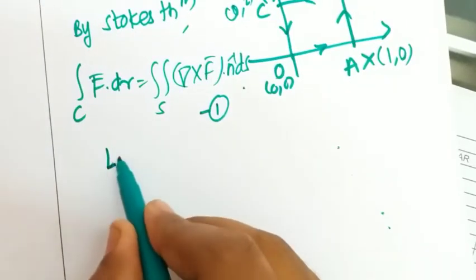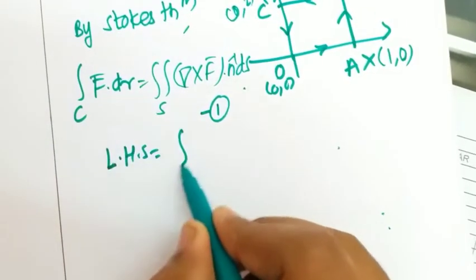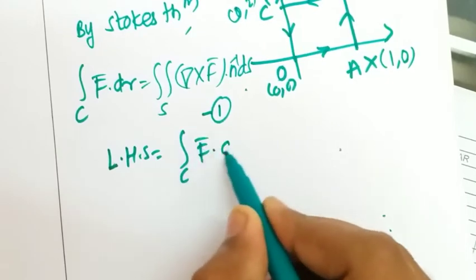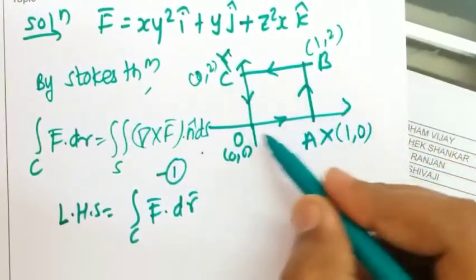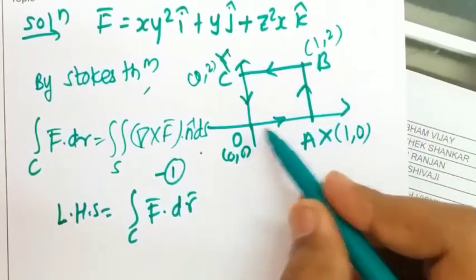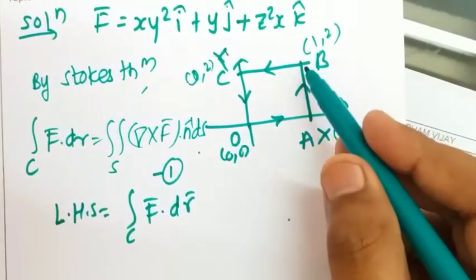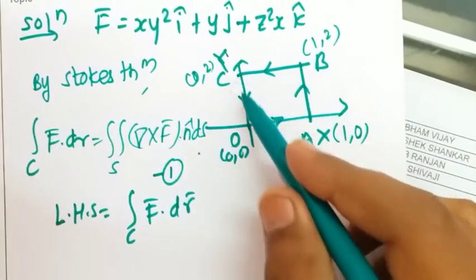Now the left hand side integral, integral over C of F bar dot dr bar. Now C is this curve, this rectangle, these boundaries. There are total 4 different paths. This is one path, O to A; A to B is another path, B to C another path, C to O another path.